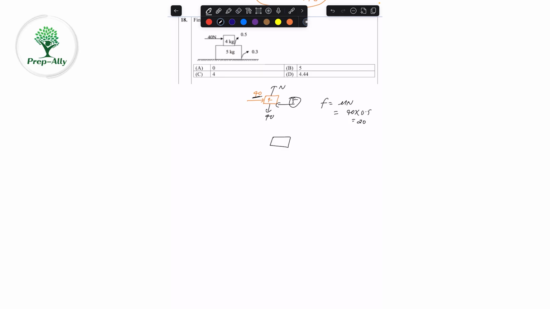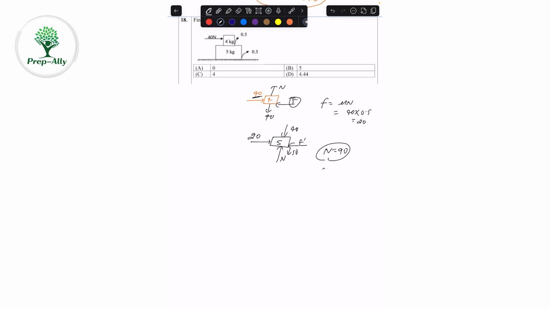Now if we talk about the 5 kg block, this is 20 Newton. Downward there is a force due to the 4 kg block, the normal. Upward there is its own normal from the ground, and its own weight is 50, and it will also be applied by a friction F due to the ground. So the normal will be equal to 90.